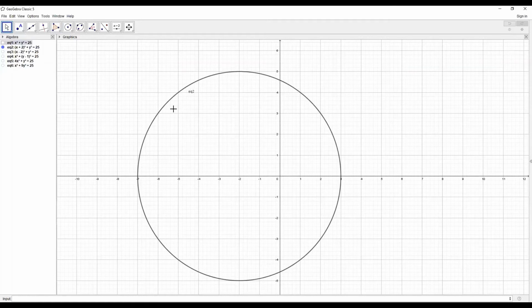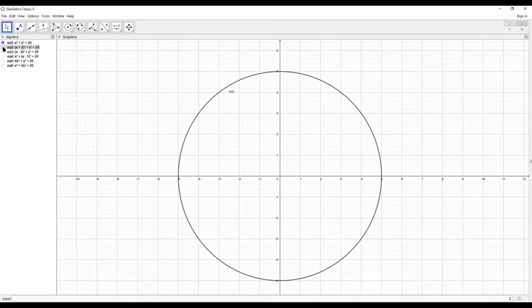The original circle had a diameter of 10 from -5 to +5. This one likewise has a diameter of 10, though it's going from -7 up to 3 in this particular case. Geometrically speaking, we'd say that the two circles are congruent. They have the same shape and size.